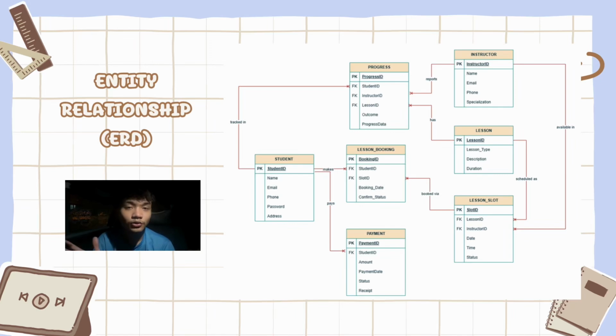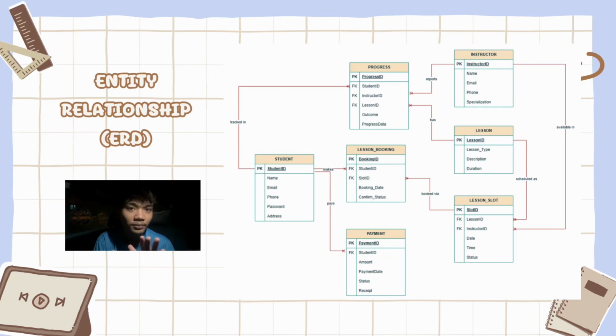Instructor and the student are also connected through the progress entity, used to track each student's learning progress. In progress, we record the outcome and the progress data, so we can see how far along the student is in their driving training. Lastly, we have the payment entity, which is linked to student.